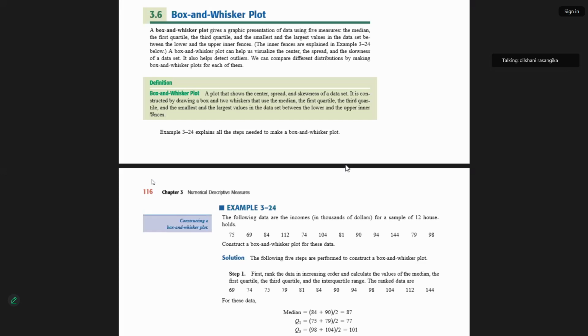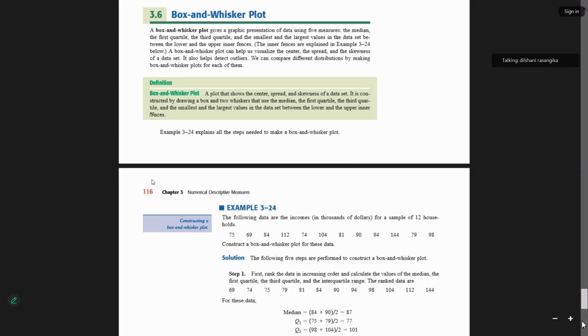This is very easy, right? Drawing a box and whisker plot is very easy. The thing is, you need to find some values before you draw the box and whisker plot, right? Then we are going to discuss it little by little, right?